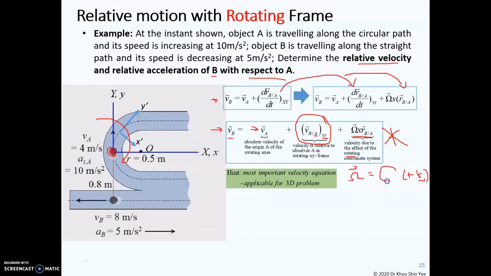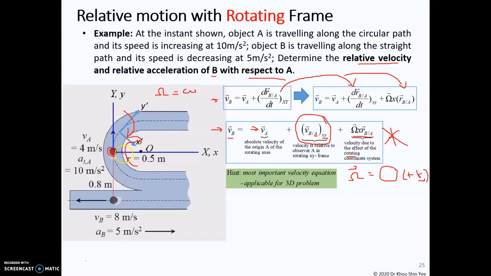How about the magnitude of the angular velocity? In this case, the angular velocity of the rotating frame, which is Ω, is equal to the magnitude of the angular velocity of the object, which is omega.